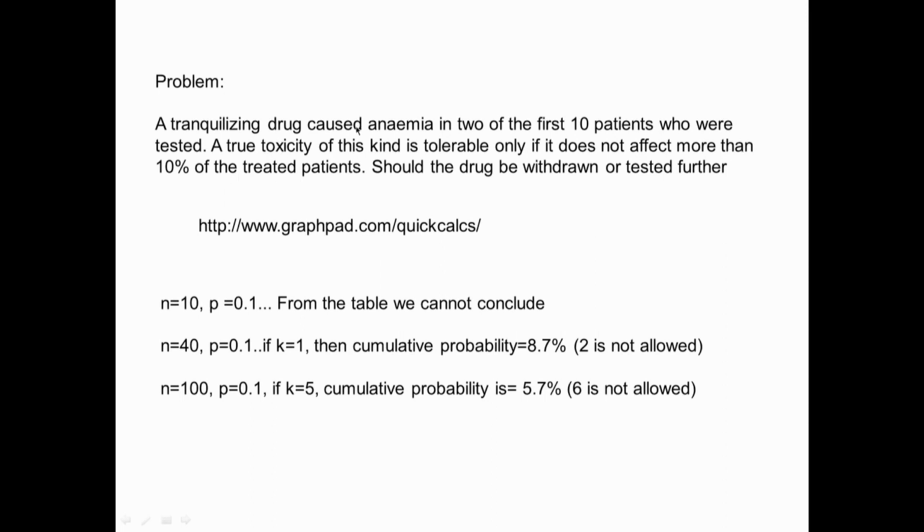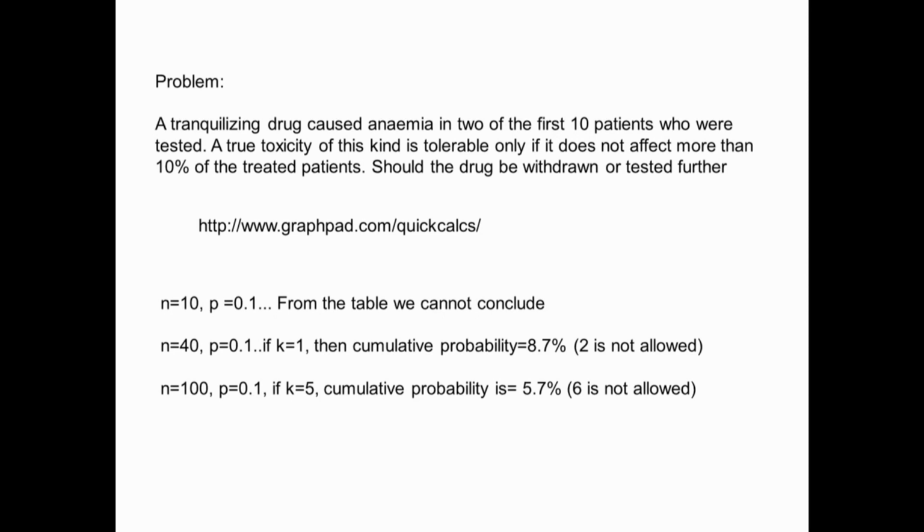But here the first 2 patients themselves had the problem. So, should the drug be withdrawn or tested further? Okay. So, only 10% of the patients can have this type of toxicity effects, but here with 10 patients, 2 of them are having problems. So, should the drug be taken out? Okay.